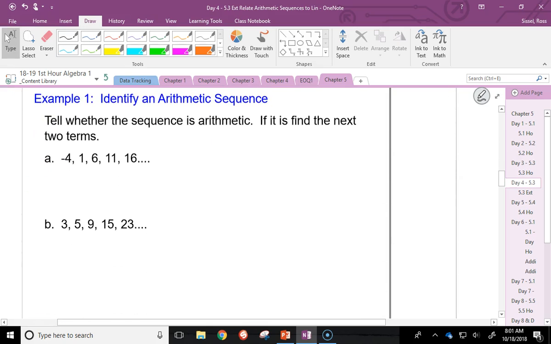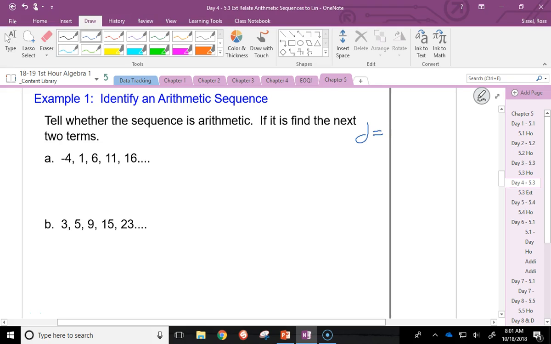So, identify an arithmetic sequence. Tell whether the sequence is arithmetic. If it is, find the next 2 terms. If it's arithmetic, what is that going to mean to me again? It's going to have a consistent pattern. It's going up by the same amount. So if you look at A, do we have a consistent pattern? Yes. What's the pattern? What is the D, the consistent rate?